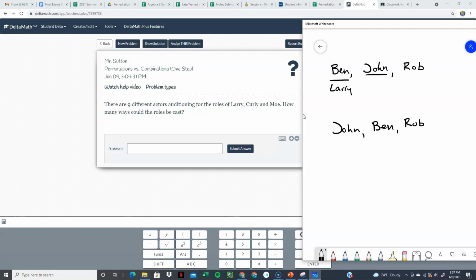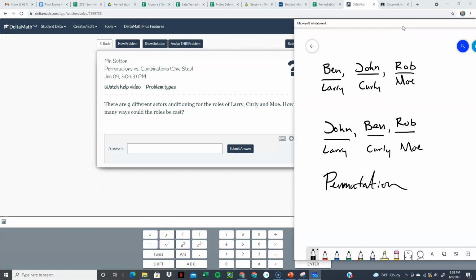So the order does matter because Ben being cast as Larry, John being cast as Curly, and Rob being cast as Moe is different than John being cast as Larry, Ben being cast as Curly, and Rob being cast as Moe. So when you are choosing people but assigning them to specific roles, that is always going to be a permutation, because those roles mean that there is an order to what you're doing.